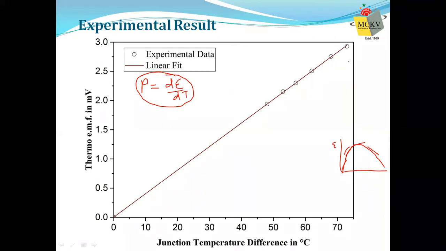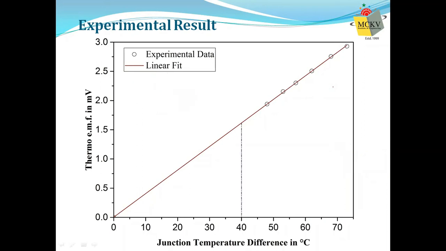But since this is a straight line, you need not bother about that, because the slope at every point of a straight line is the same. Any point you take, the slope would be the same for a straight line. And you can find out the slope by two methods. One is, choose any arbitrary point and find out this value.